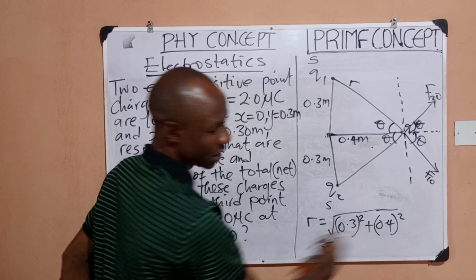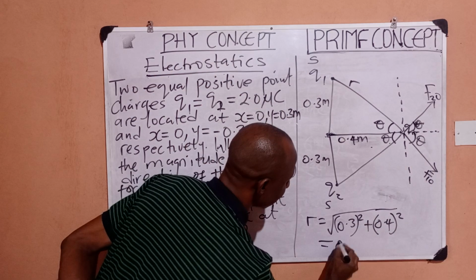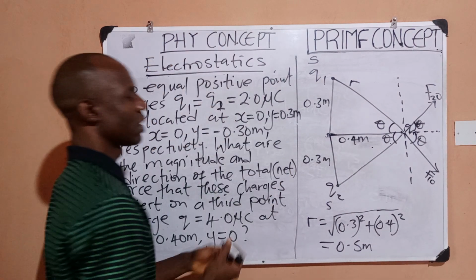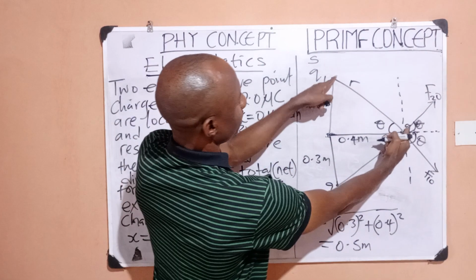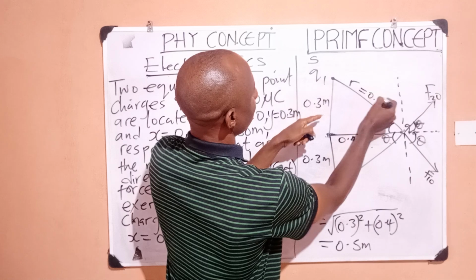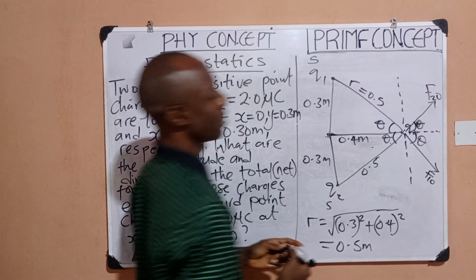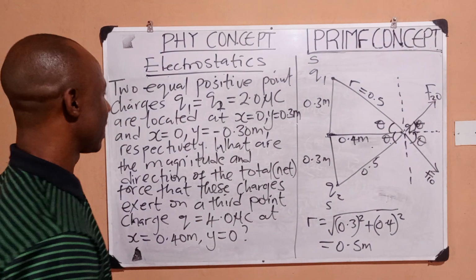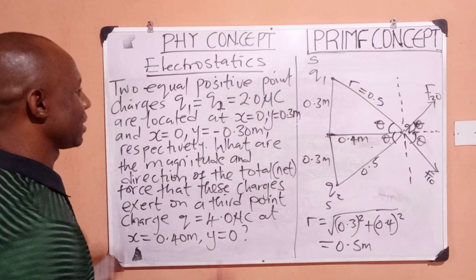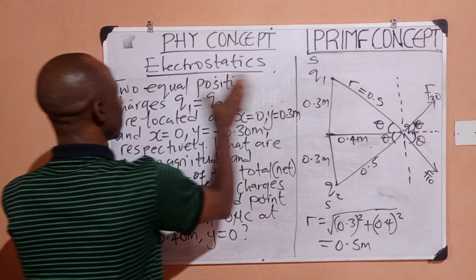If you punch this with your calculator, you get 0.5 meters. So that is this length R, which is 0.5. This length also is the same thing, 0.5, because they have the same values. So we've gotten that. The next thing I want to get is, let me rub this part.